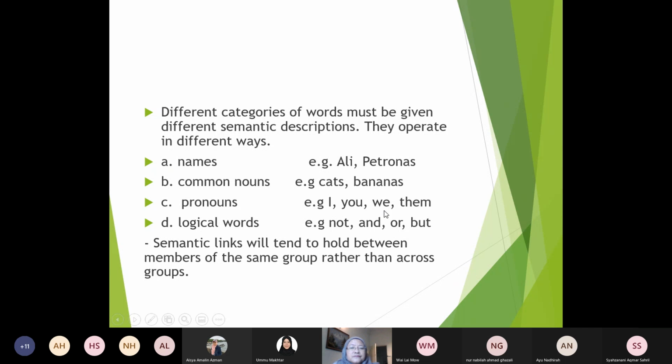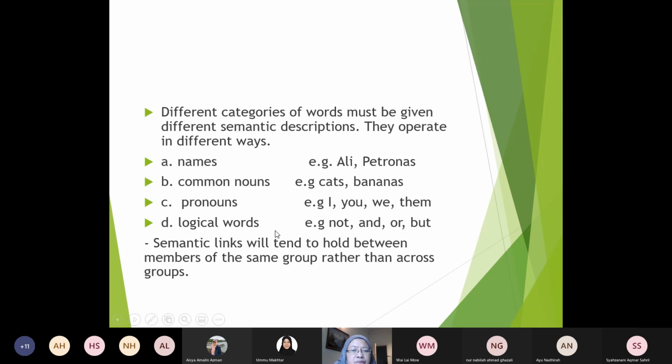We just know the basic features, but the actual reference we don't know. So pronouns are a special category of words where they need to retrieve the meaning or the reference through some antecedent noun phrase.